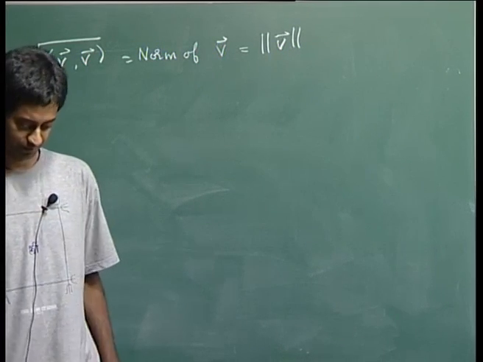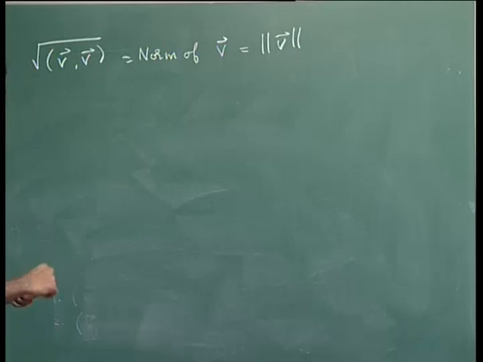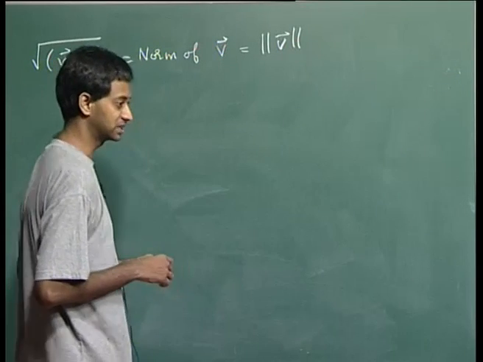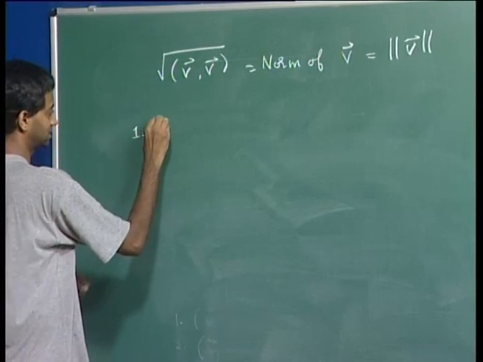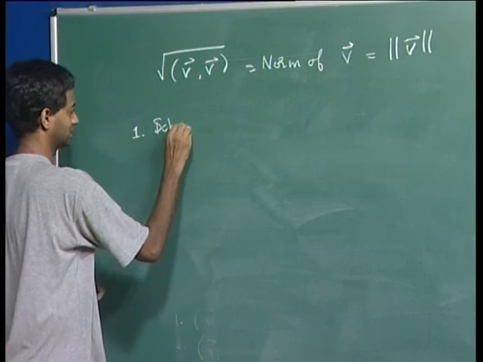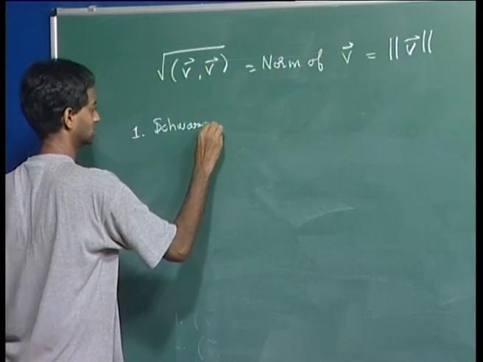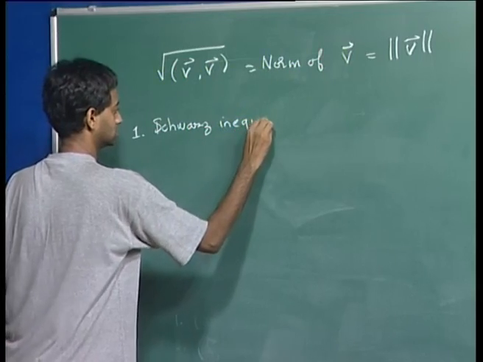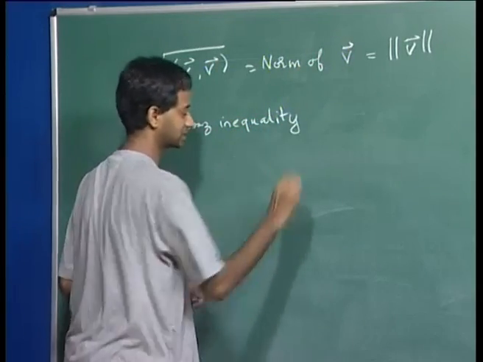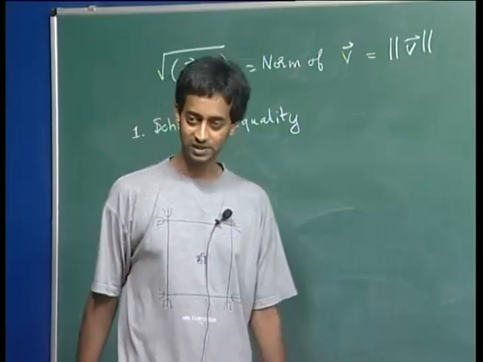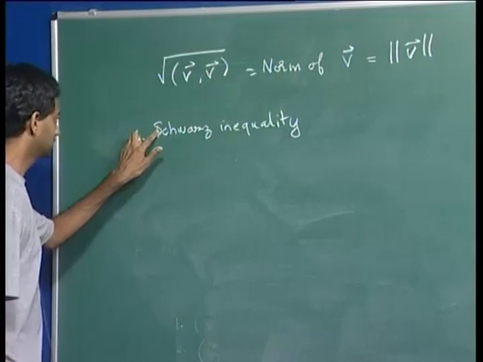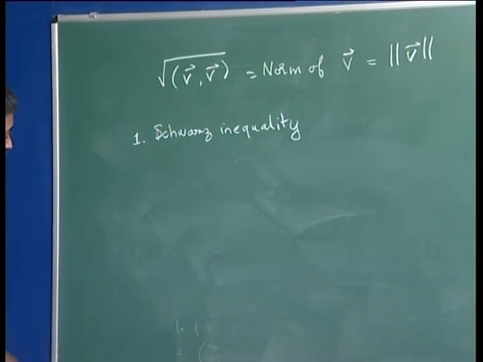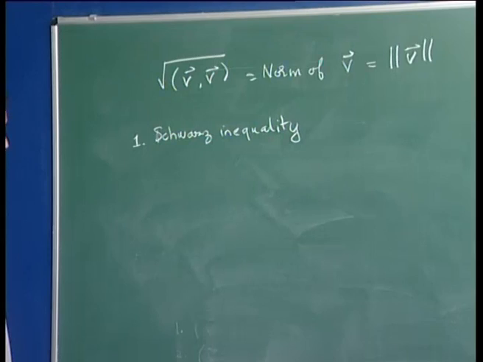Okay. So now this definition of inner product immediately implies two properties of inner product, and the first property is that inner product satisfies the Schwarz inequality. Any real inner product which satisfies the two axioms of real inner product space will also satisfy the Schwarz inequality.